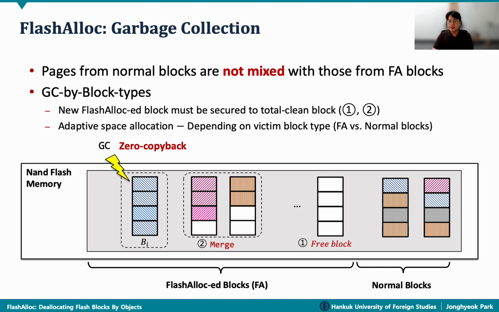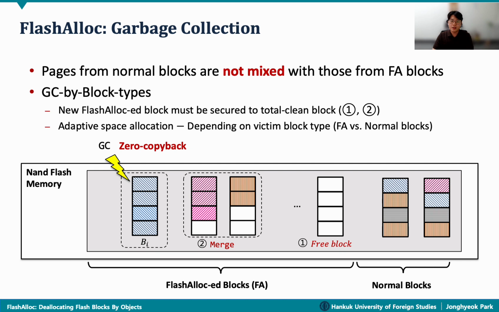By clustering pages with the same death time into the same flash block, when the flash alloc block is selected as a victim in garbage collection, there is no copyback. Since a new flash alloc block must be secured as a totally clean block, it is taken from the free block pool or by merging multiple blocks to secure a clean block.